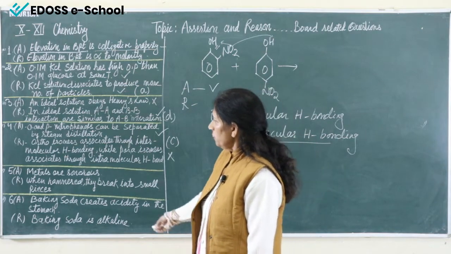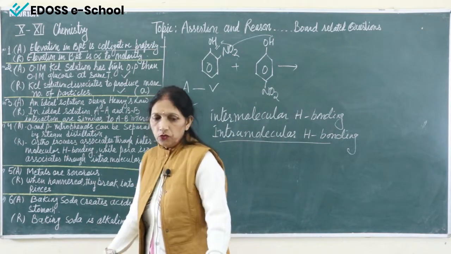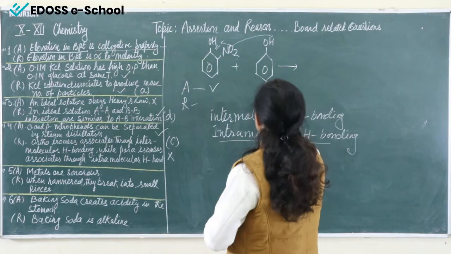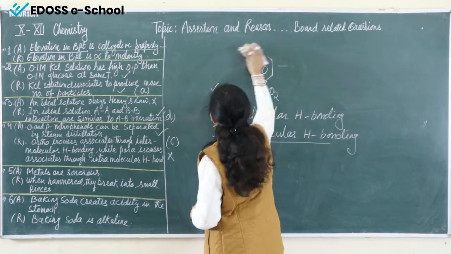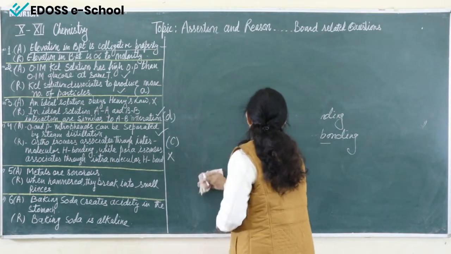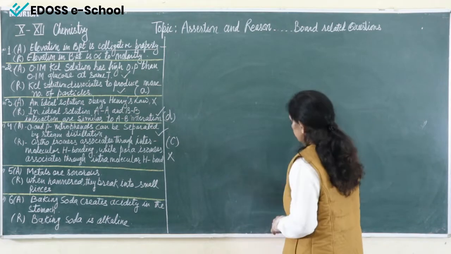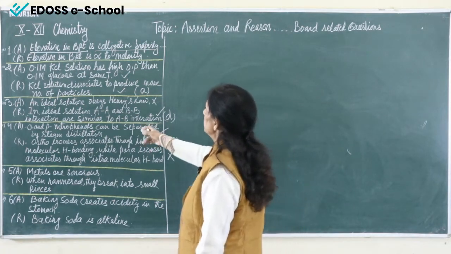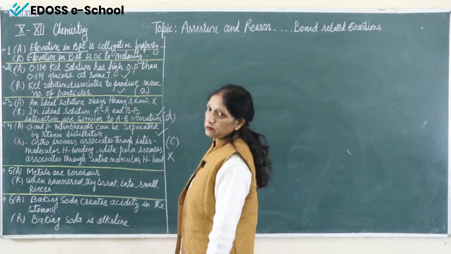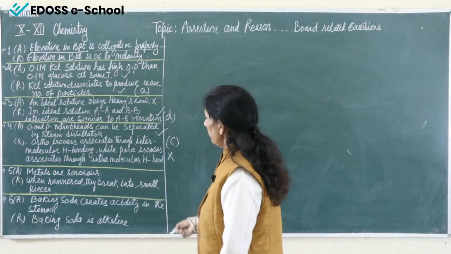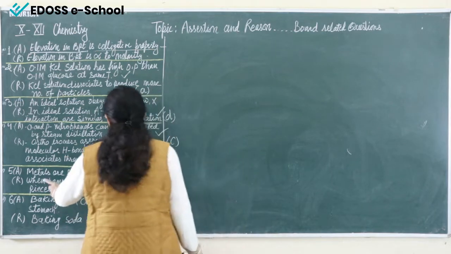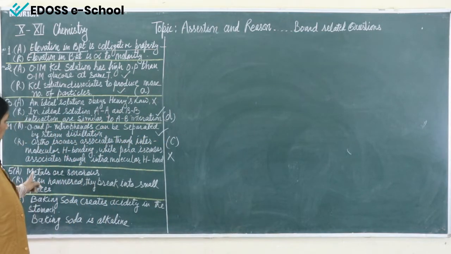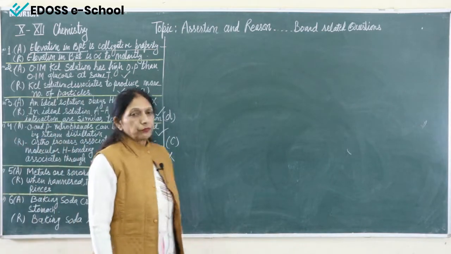Okay. Now there are two more questions of this. This is of class 10. Now coming to assertion and reasoning type of questions, these are also asked in your board examination of class 10th. Okay, now see here, this is the question: metals are sonorous.